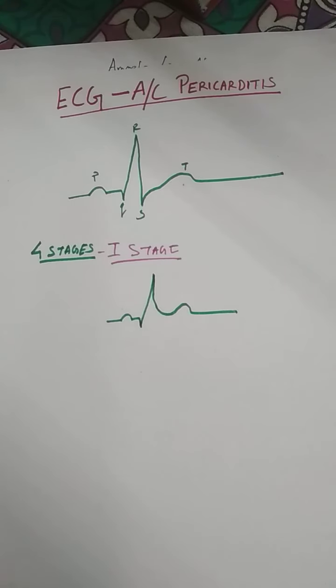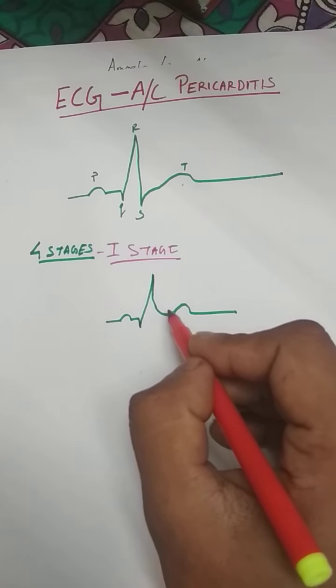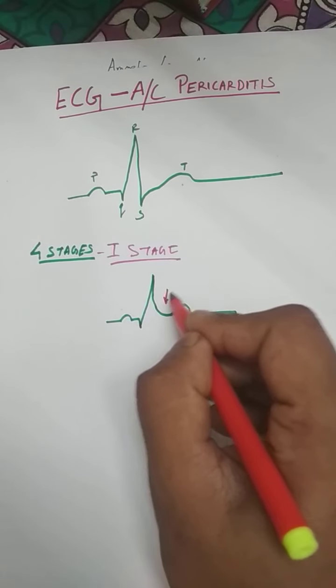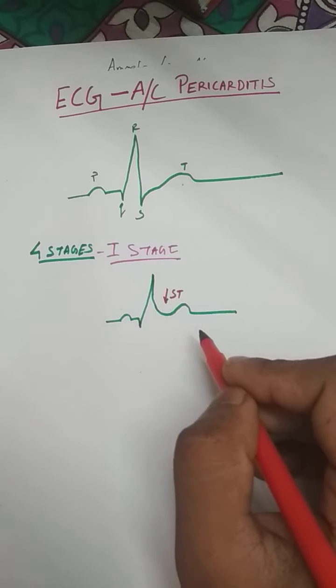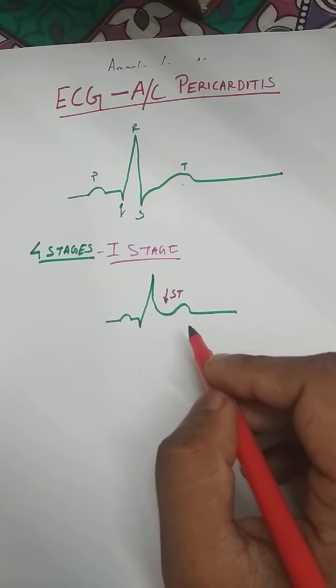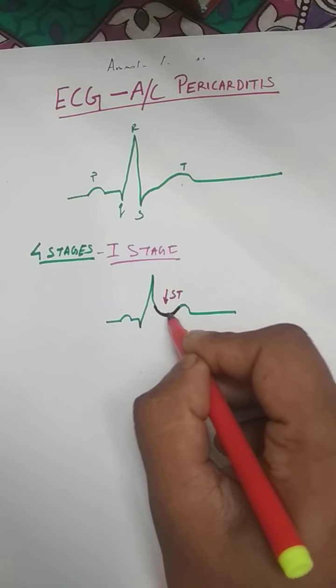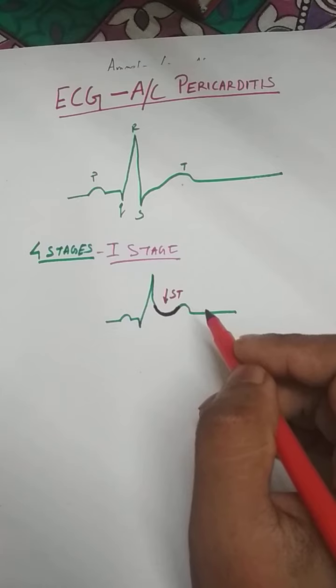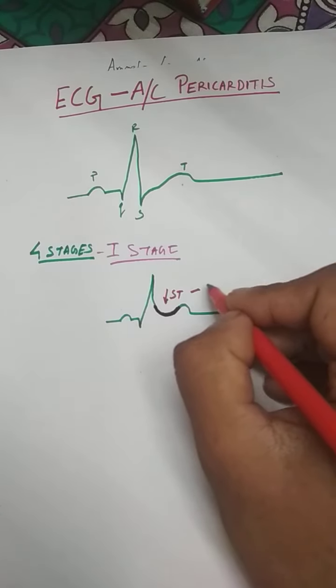In the first stage there is ST segment elevation, and the peculiarity of this ST segment is that there would be an upward concavity. It is also called saddle shaped rise of ST segment.